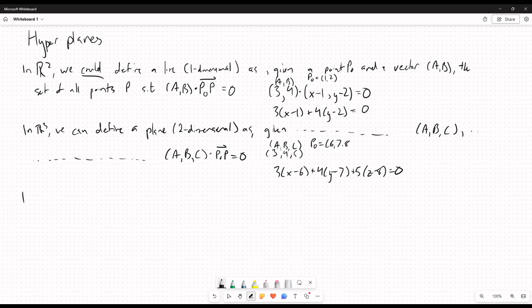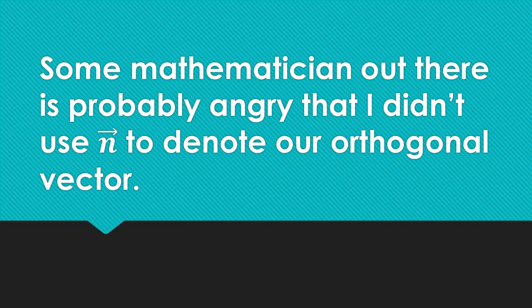And basically in Rn, we can define a hyperplane, which will again be one dimension smaller than our space, so n minus 1 dimensional, as, given a point P0 and a vector, we'll just call it x at this point because we don't have an arbitrary number of letters, a vector in Rn.